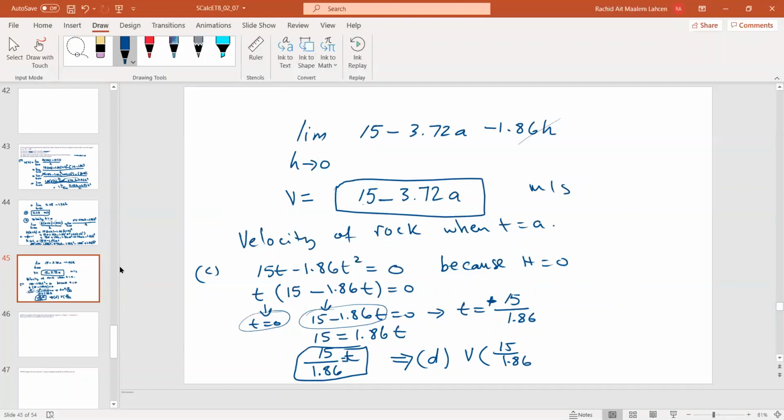Yeah, it's a big number that needs to be rounded. Depends on how you're asked to round. That's why I'm going to use the original value, 15 over 1.86, because this is not an exact value. It has to be rounded. So for C, you're probably asked to round to a certain value. But when we come to D, let's just apply it: 15 minus 3.72 times 15 over 1.86, and find out what that is.